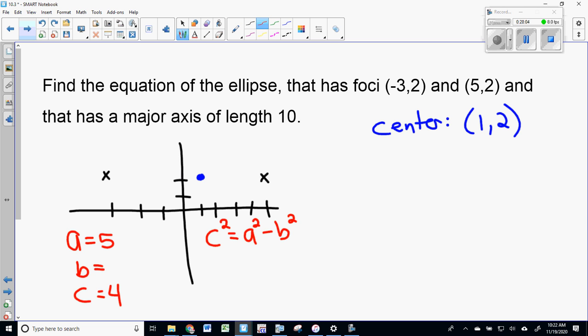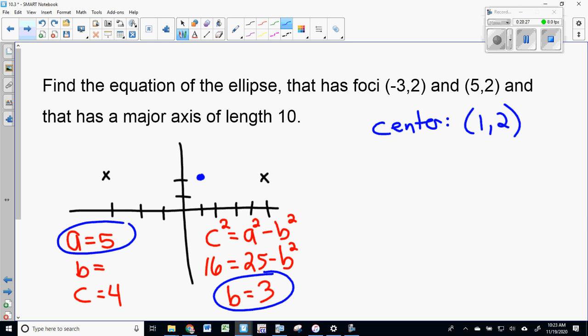C squared is 16, 25 minus B squared. What's B? B squared is 9, so B is 3. Now, we know B, we know A, we know our center.